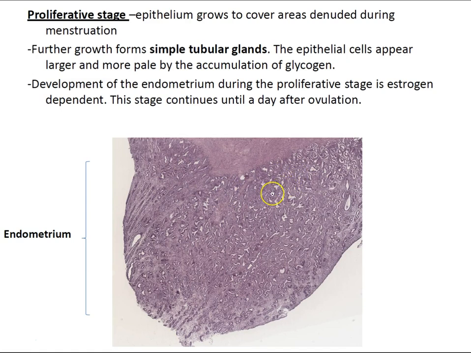Further growth of these cells forms simple tubular glands, which we are looking at here. And they appear large and pale due to the accumulation of glycogen. The proliferative phase continues until 1 day after ovulation, which occurs at about day 14 of a 28-day cycle.